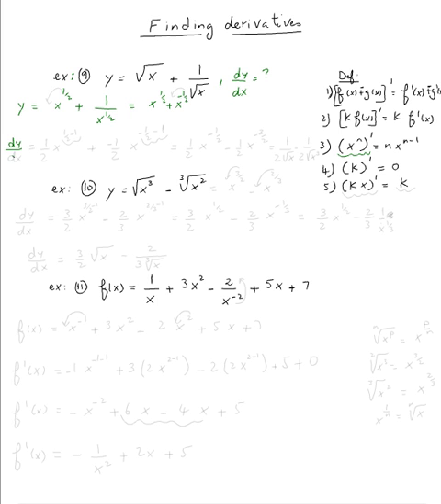So dy/dx is equal to, the power rule says that this 1/2 is going to move here. So this is equal to 1/2 x, and the exponent is 1/2 minus 1. Same thing, plus, here this exponent moves here, so plus negative 1/2 x, and then we need to subtract 1 from the exponent, so negative 1/2 minus 1.